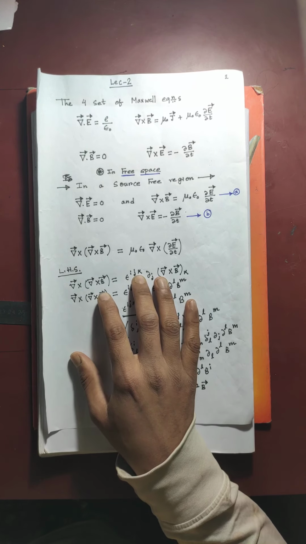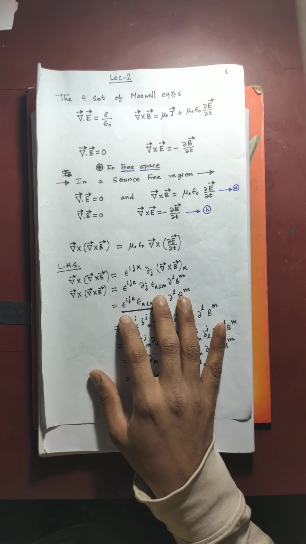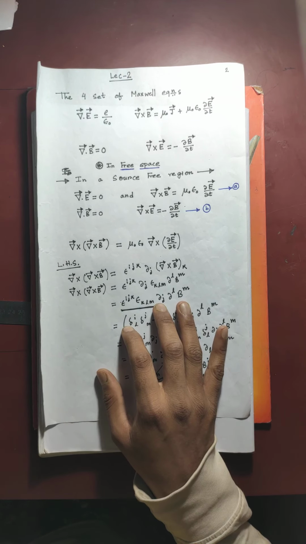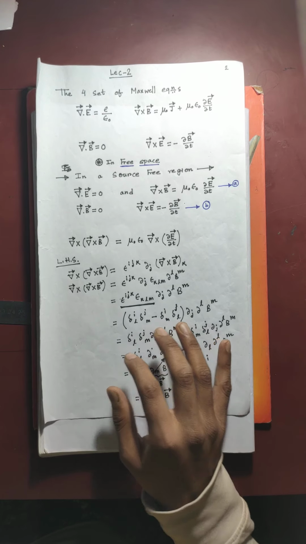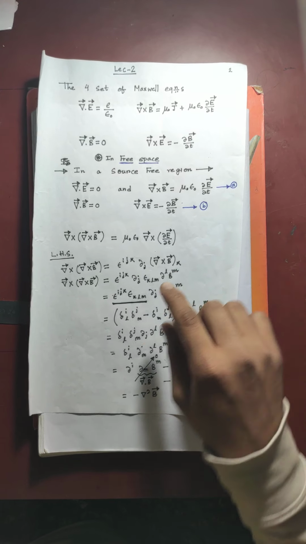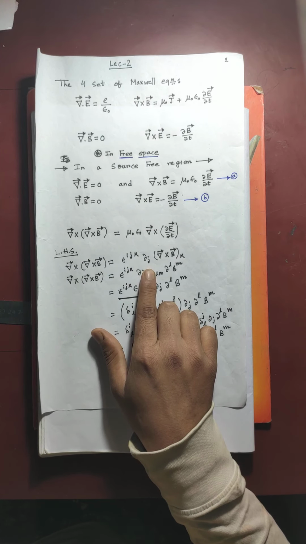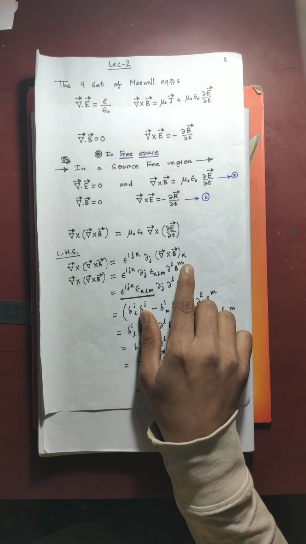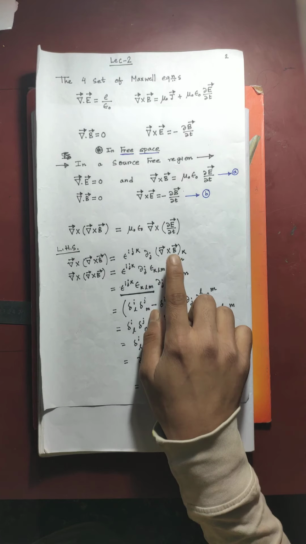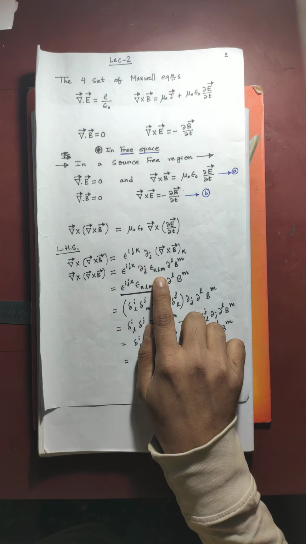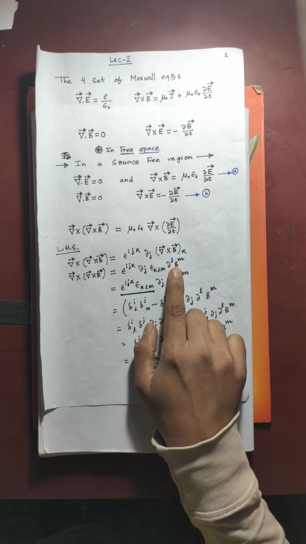I'm not doing it. I'm using tensor analysis, which is much more elegant and you don't have to remember anything. So step by step, curl of B will be epsilon ijk del j curl of B index k. Again expanding it, epsilon klm del l Bm.